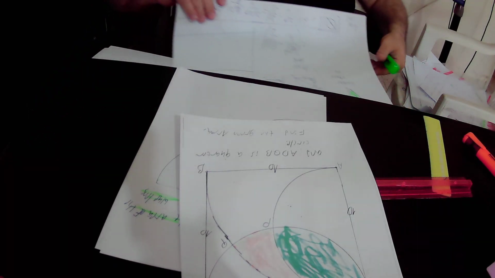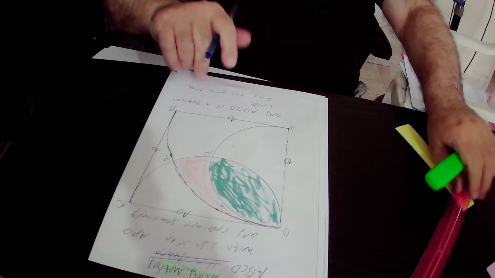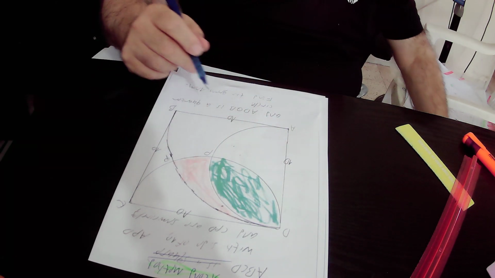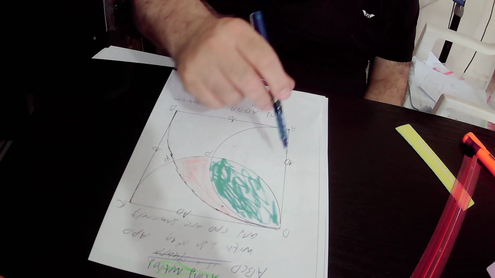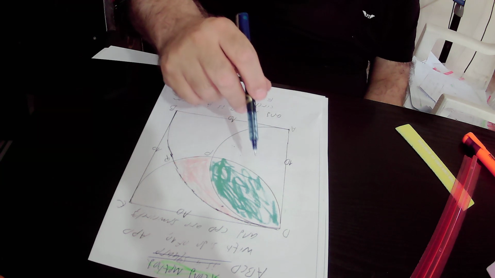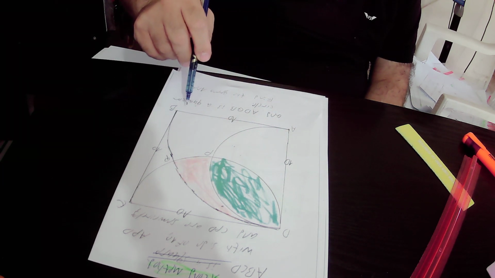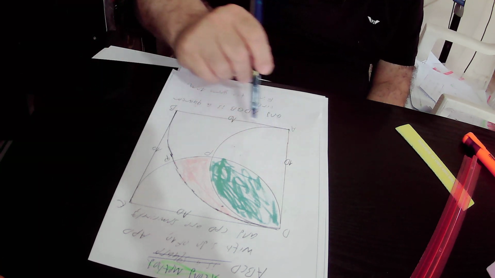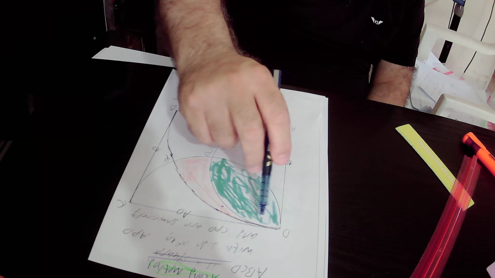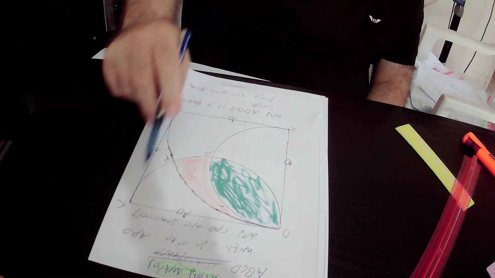In the second step, we will find out the area of the big lens. It is very easy to see from the drawing that this big lens was created by the intersection of the quarter circle with this semicircle. Okay, again, this big lens was created by the intersection of the quarter circle with this semicircle.